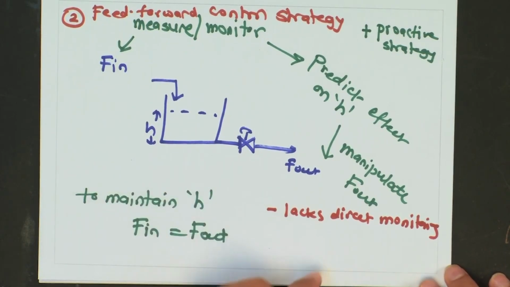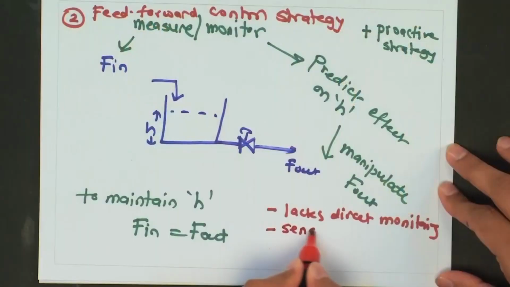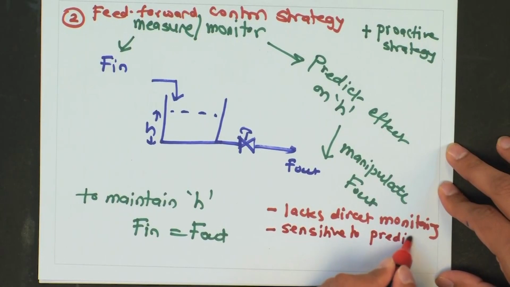So, the main disadvantage of a feed forward control strategy is that it lacks direct monitoring, and riding on the same fact, it is also not robust and it is very sensitive to the prediction model.